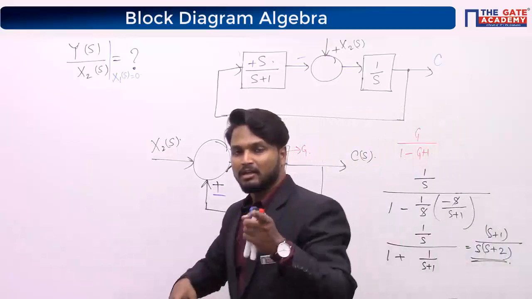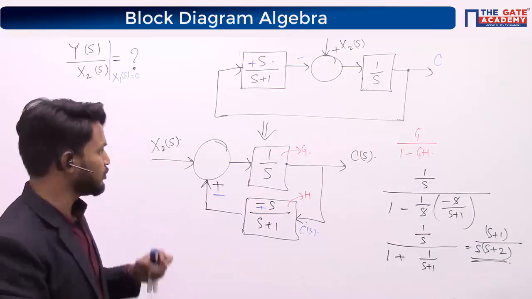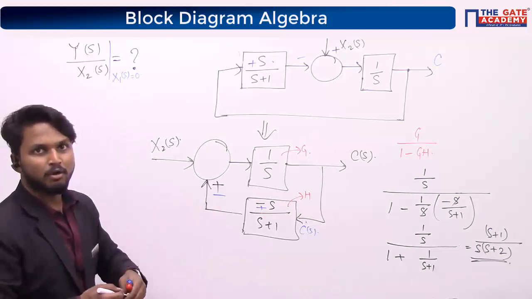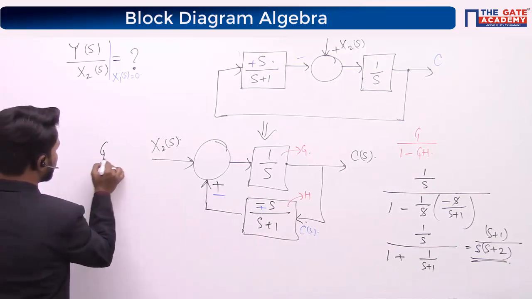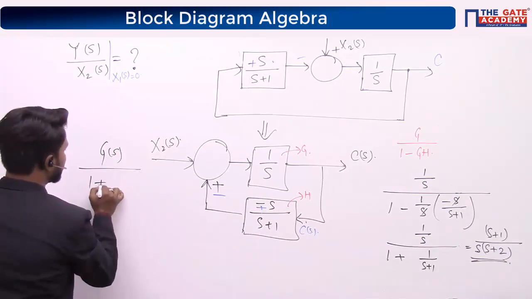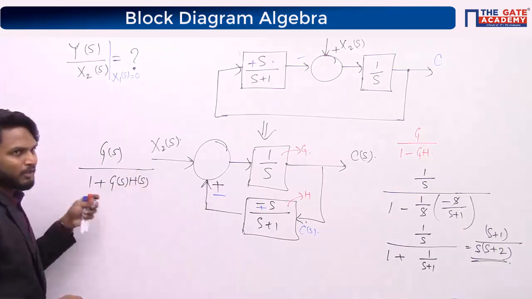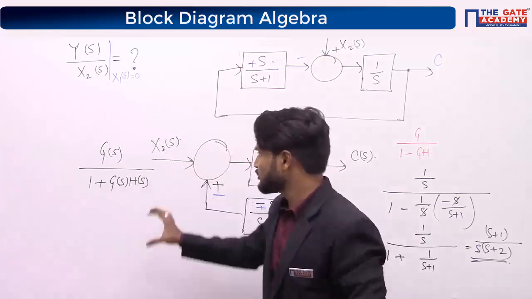One thing, the basic things should be left in your mind. You should be remembering it. The overall transfer function of any negative feedback closed loop system is simply g of s upon 1 plus g of s into h of s. You will use this infinite number of times in control systems, so this should be in your mind.